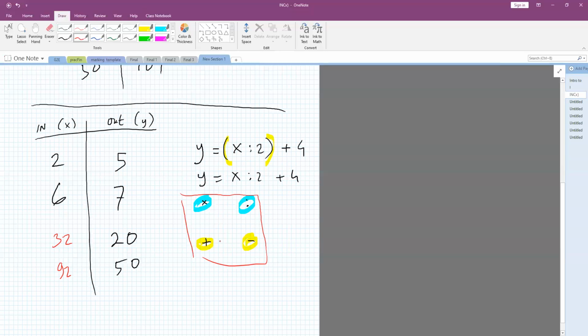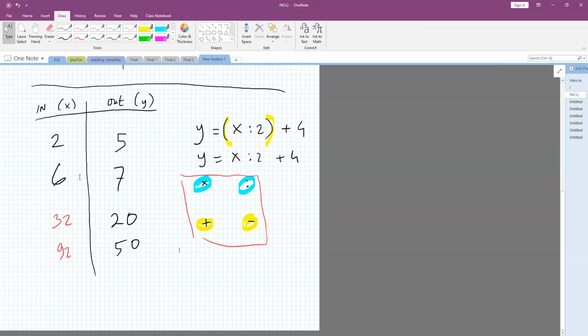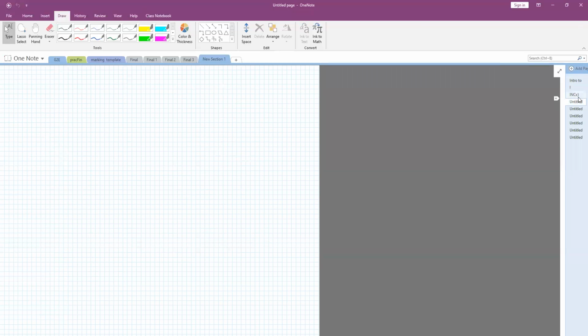Now I will write a slightly different one. If I have y equal to x divided by 2 plus 4, in the previous example we don't have a bracket, but you know the division we do first. That's the basic rule.